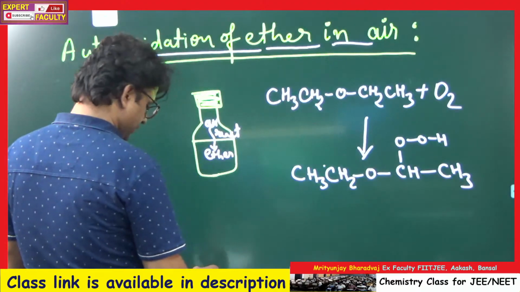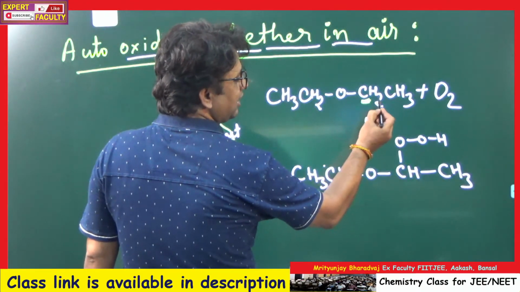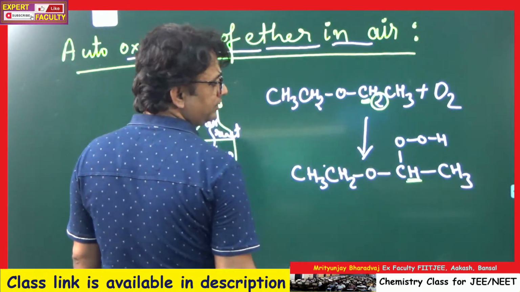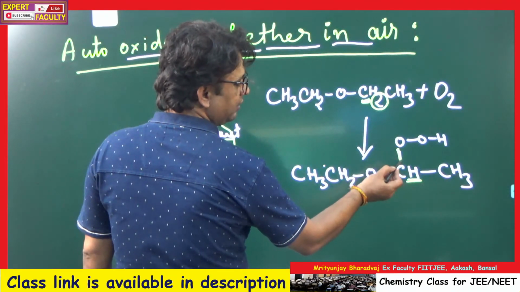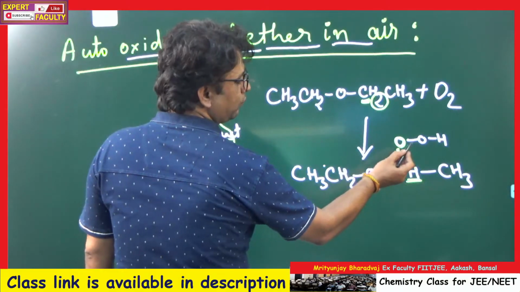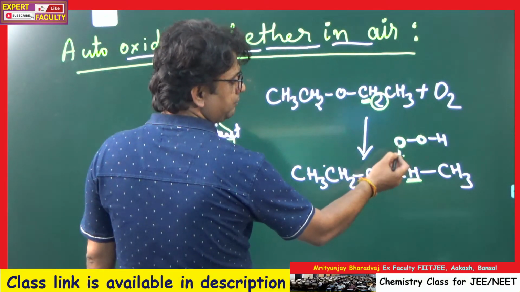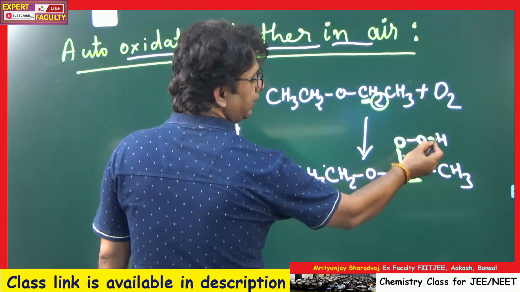What is the change in the reaction? Look, at this carbon there are 2 hydrogens. In the product only 1 hydrogen is left, and in place of hydrogen this carbon is getting oxygen. This oxygen comes from air. And if this oxygen is forming a single bond with this carbon, the other oxygen will get hydrogen.